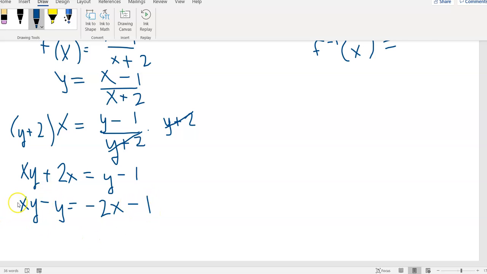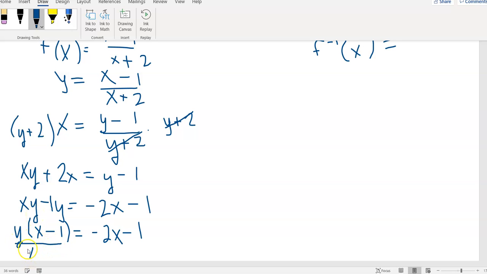All right, now we've got this strange situation going on over here, and there is that trick. We want to think of this as a 1y, and let's factor out y. And when we factor y out, we'll have an x right here and a minus 1 right here. And now that we have y out in front, we can take this stuff that is being multiplied by y and divide it out.